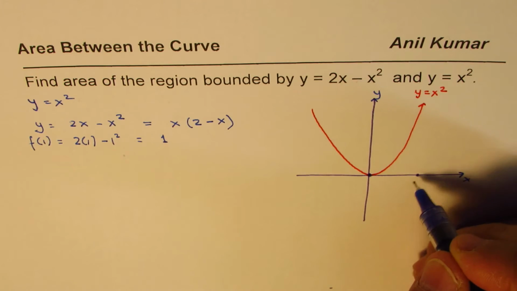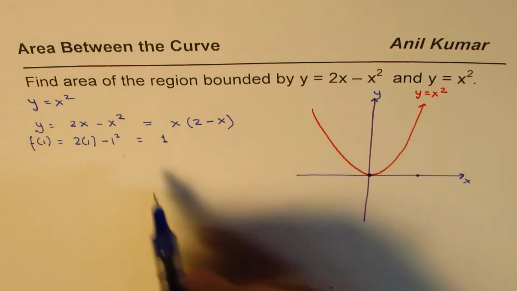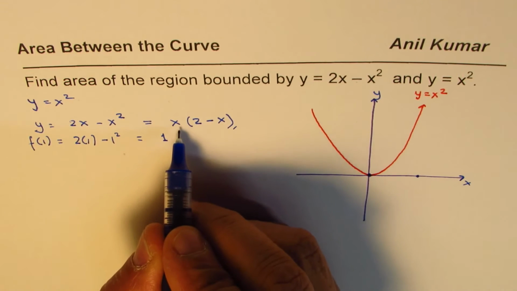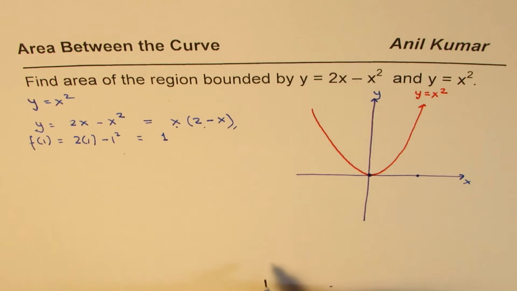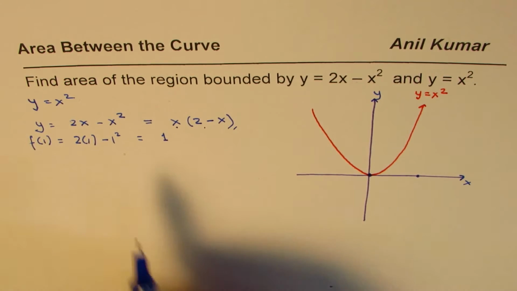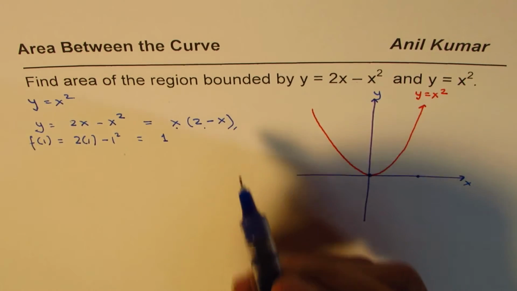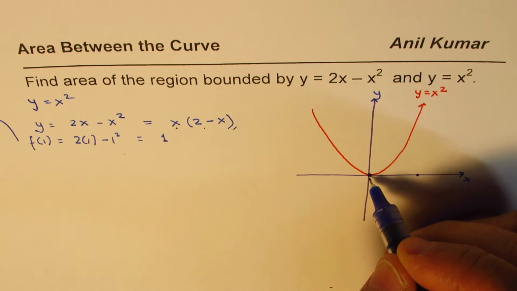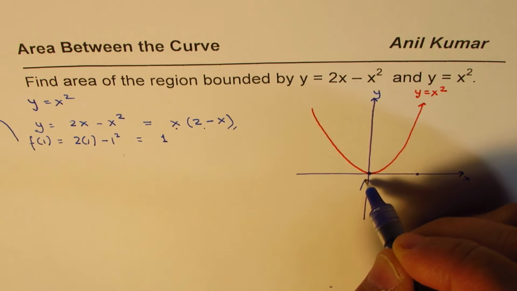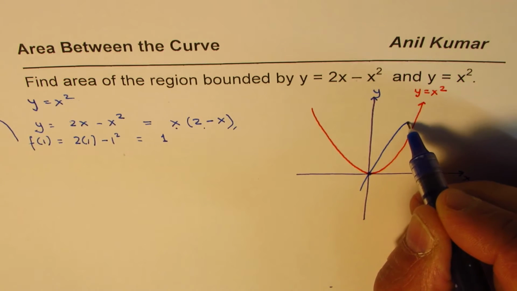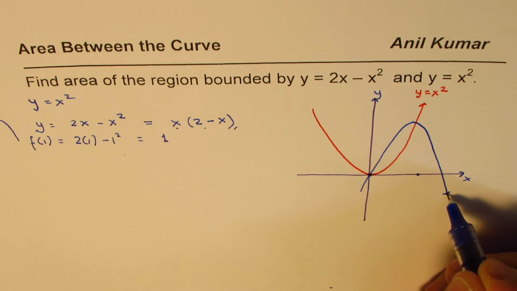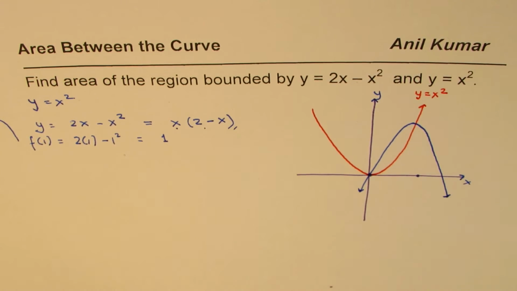I'm not making this to scale. We have zeros at x equals 0 and x equals 2, and since this is negative, the parabola is like this. We'll sketch a big one so that we have some good room to check. Anyway, we get something like this as I've sketched here.